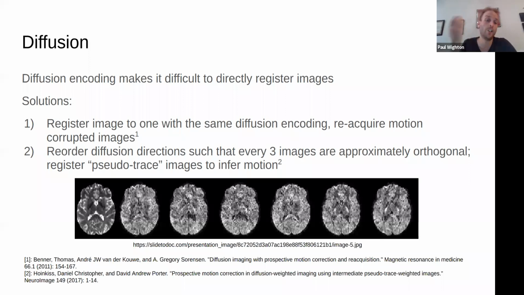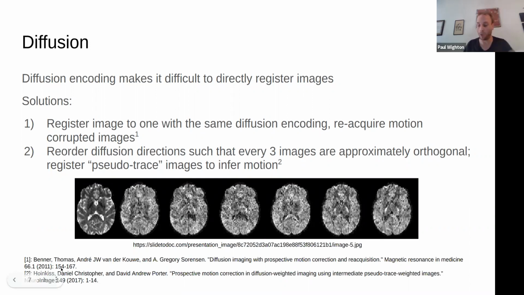In this image here we see a B0, which is just an EPI image, and then here are 6 diffusion directions. It's challenging to register these directional images to each other, so applying PACE directly in diffusion doesn't work so well. But there are some techniques that people have come up with.